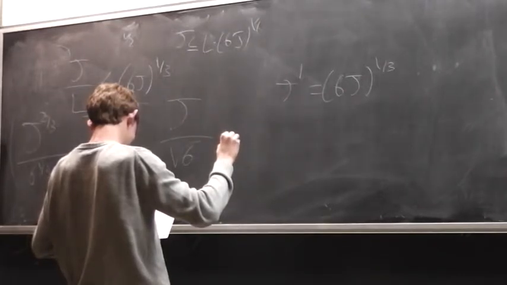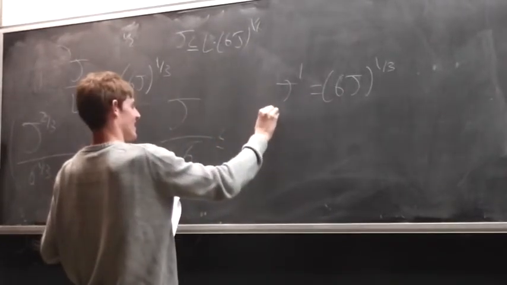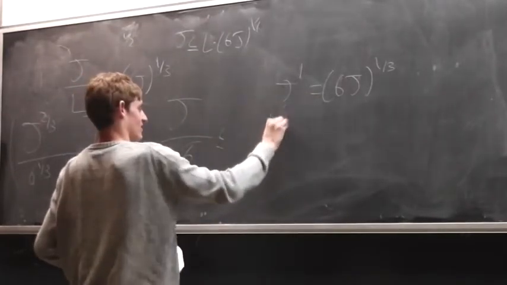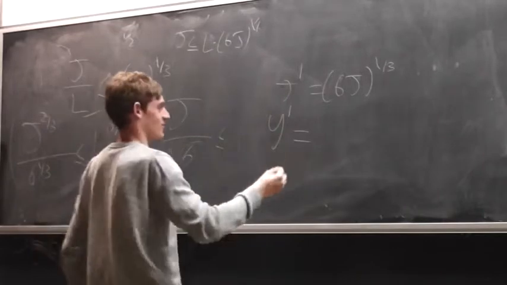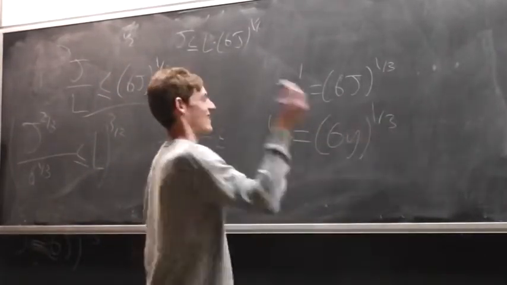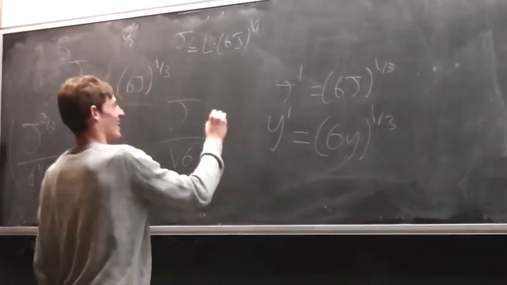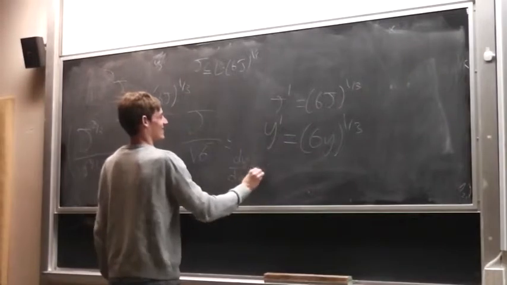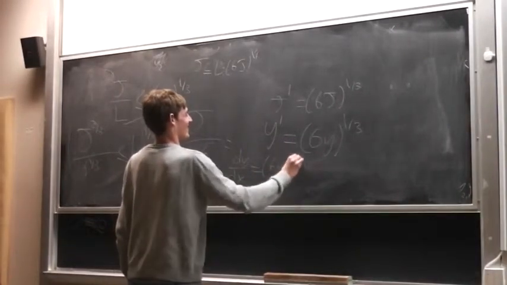I genuinely don't know. Let's say, here, this will make it easier for me to understand. Let's say y prime equals 6y^(1/3). Okay, so now it's easy. So dy over dx equals 6y^(1/3).